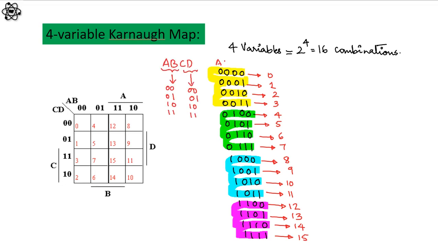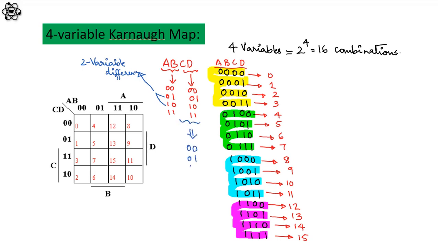If you group AB and CD separately, you can see that each is 2 variables. These 2 variables have 4 combinations: 0 0, 0 1, 1 0, 1 1. But if you observe the decimal equivalent of 1 and 2, there is a change in 2 variables.